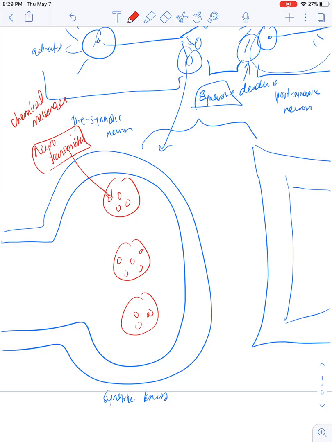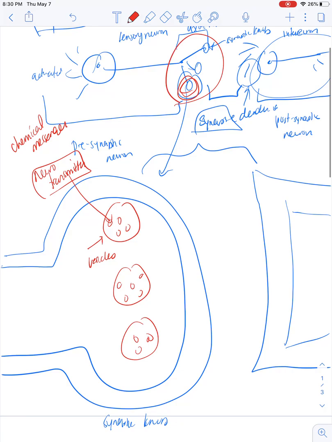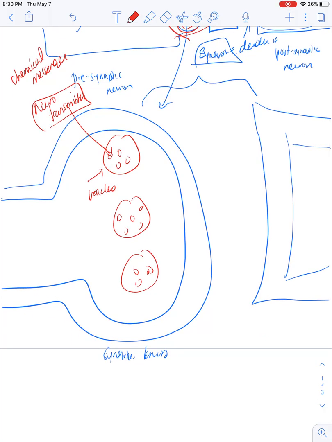A chemical messenger is a chemical that carries a message, right? A hormone like testosterone is a chemical messenger because it carries a message, and the message is to grow hair. But a neurotransmitter also carries messages, and it's made up of chemicals, meaning the chemicals on your periodic table. And they're found in vesicles in these synaptic knobs at the end of the axon terminal. That's what we're looking at.